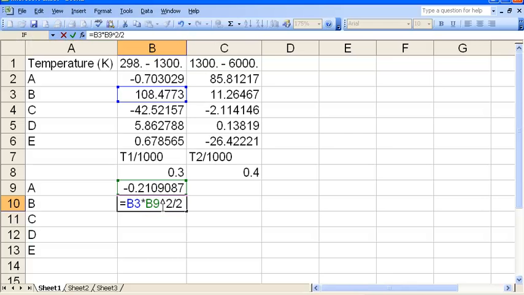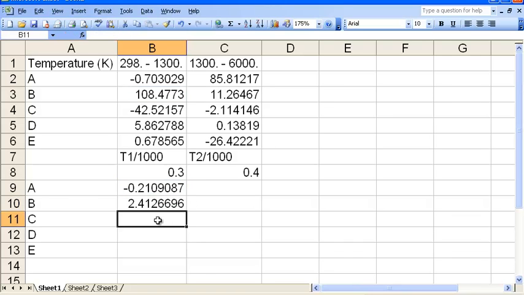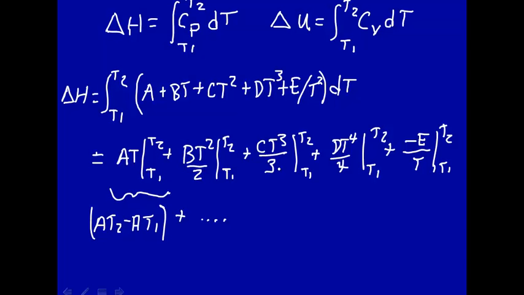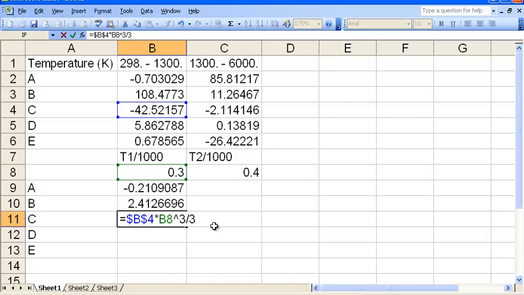So, let's put dollar signs around this one here. All right, that looks good. This is equal to C, which is that, times T cubed, raise this to the third power, divided by 3. Okay, so what we're doing is putting this, CT cubed divided by 3, evaluated at T1.